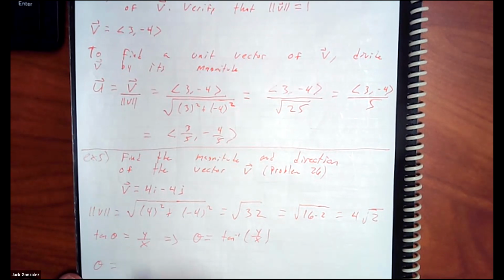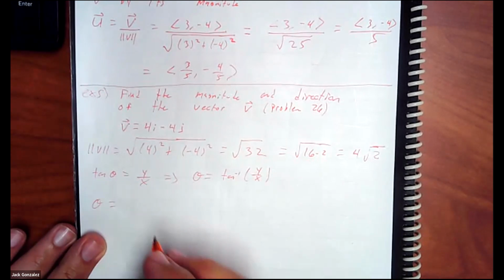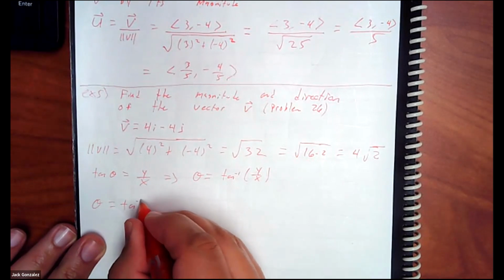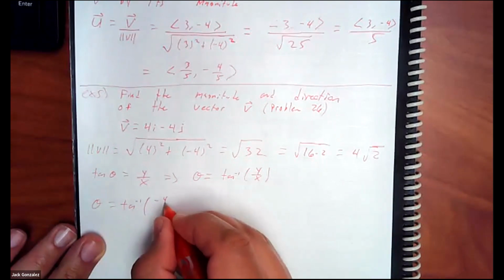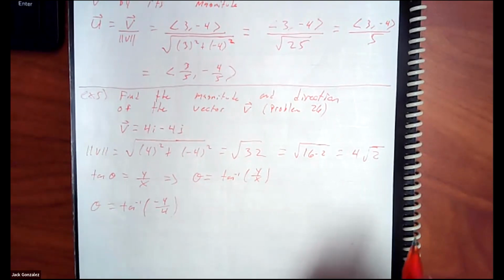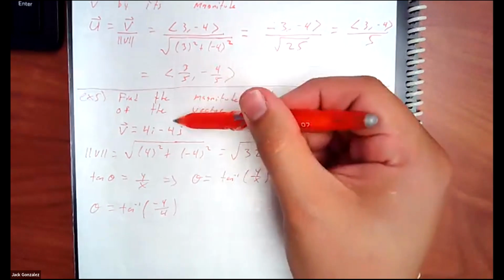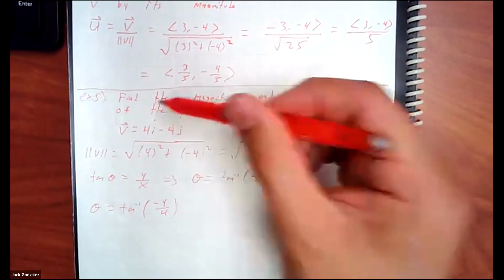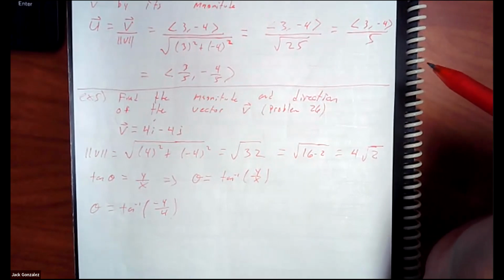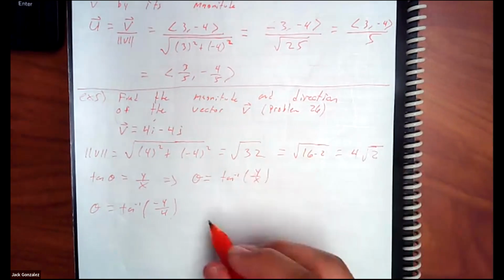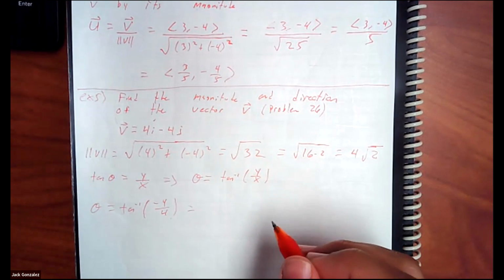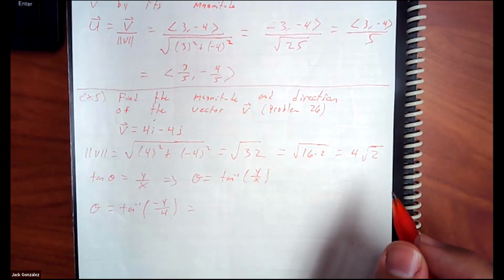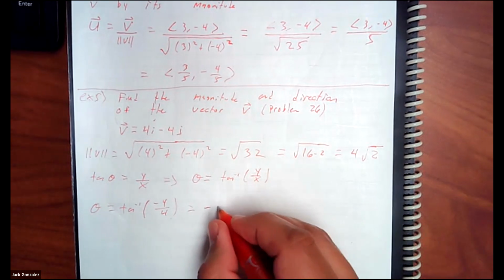So the angle will simply be tangent inverse of -4 over 4. So just take this as your y, and this as the x. Okay. So that's going to be -45.